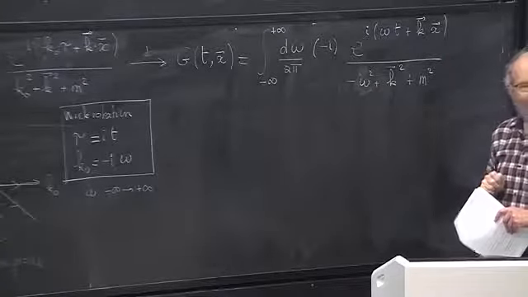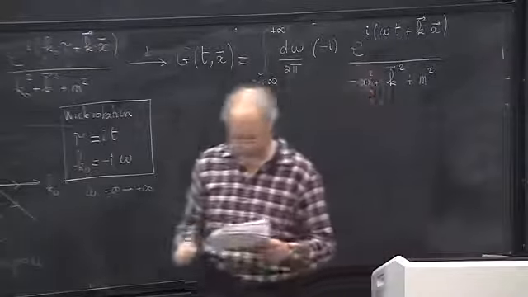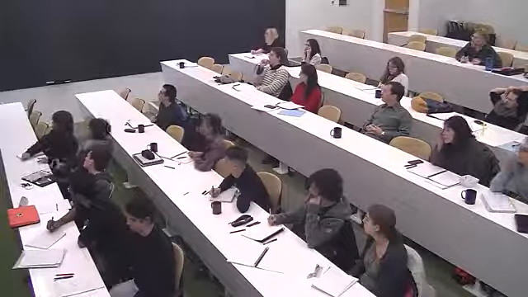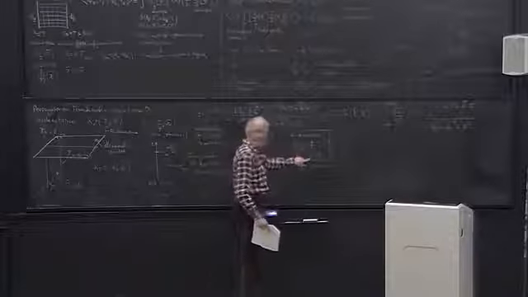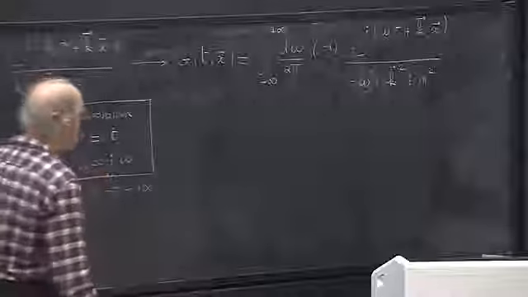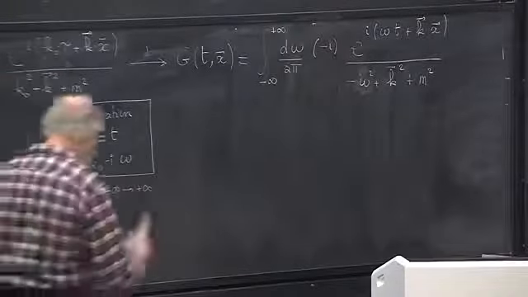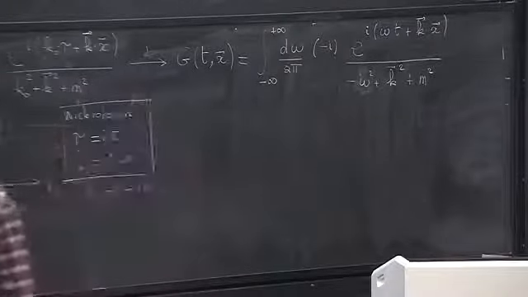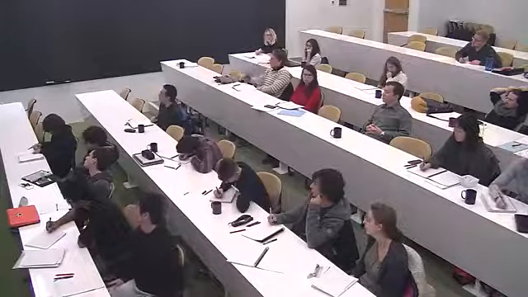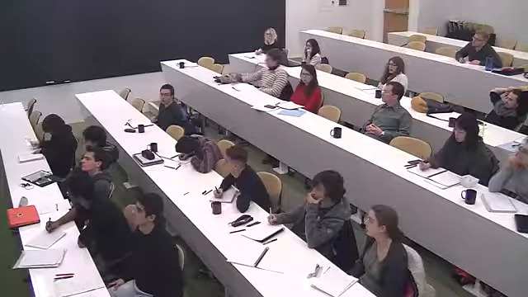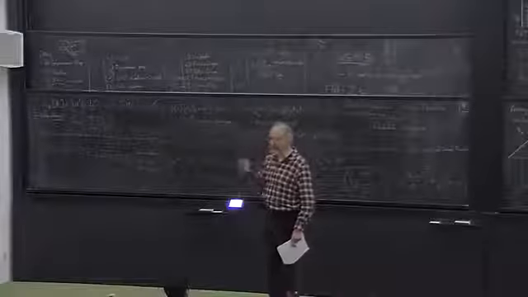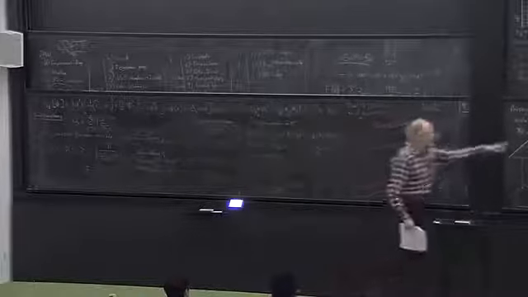Should there be a minus sign in the exponential in front of the omega t? No, because I choose this and this, so they compensate. Is the d minus one dimensional integral still there as well? I don't change them. It's still there. I don't make a Wick rotation on k vector and x vector. Those are space. Here I don't touch space.